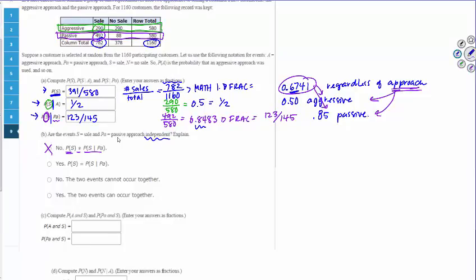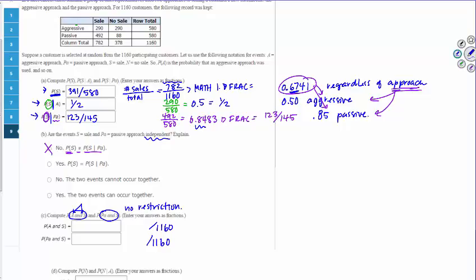Part C looks at the probability of aggressive and sale and the probability of passive and sale. No condition, so no restriction on the denominator, we're looking at all the customers involved, all 1,160 in both cases. The number that were aggressive and had a sale, that's the customers in the aggressive approach that bought something.